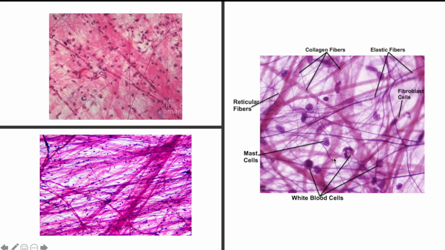And this one right here is nicely labeled for us with, for example, white blood cells for immunity, mast cells which release histamine, again for immunity. You've got the fibroblast cell that's making the fibers. You've got the collagen fibers, the elastic fibers. So when it's nicely labeled for you, that's always nice, but just remember, on a test it will not be, so you have to be prepared for this stuff.